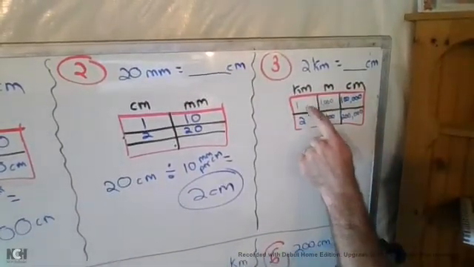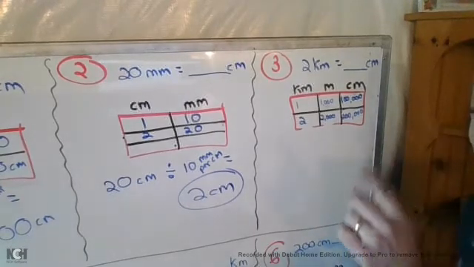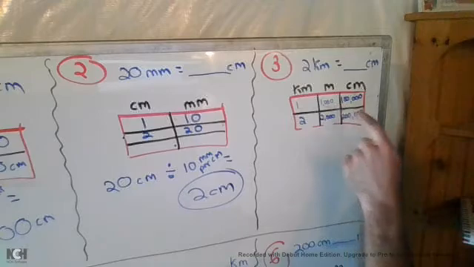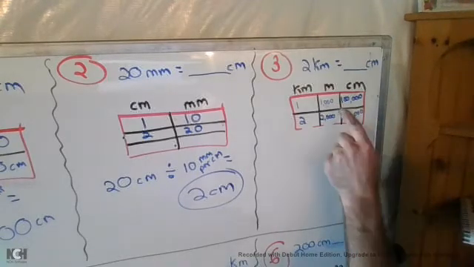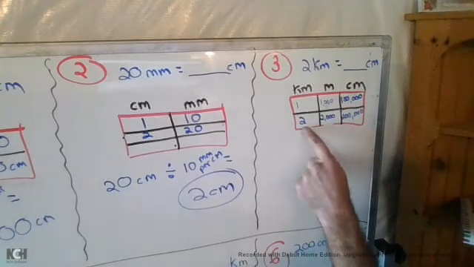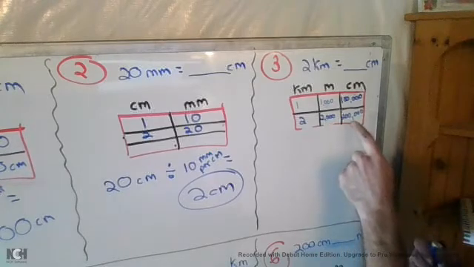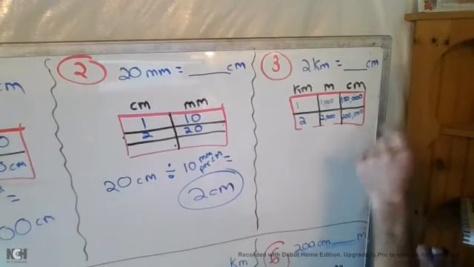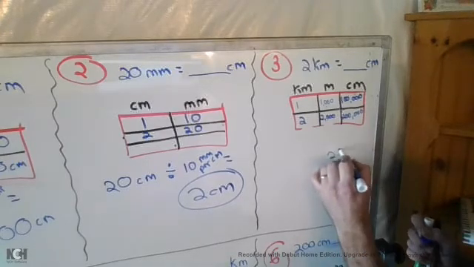1 kilometer, we know, according to that chart we made, that I hope you copied down, makes 1,000 meters, which makes 100,000 centimeters. So if I have 2 kilometers, it's going to give me 2,000 meters, which gives me 200,000 centimeters as my answer.